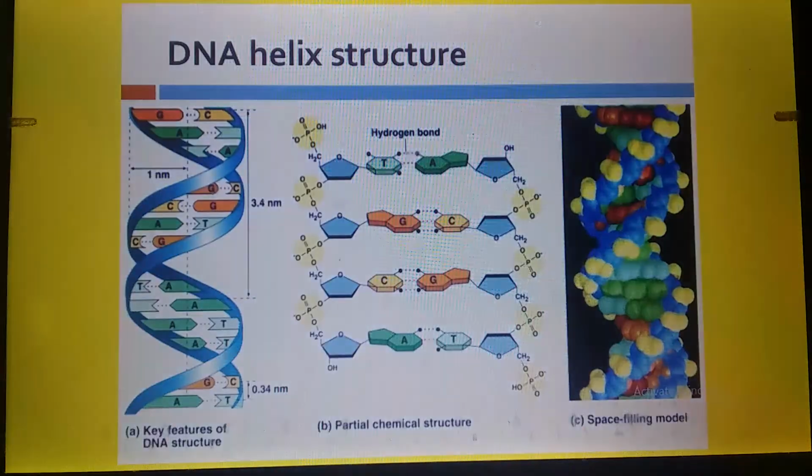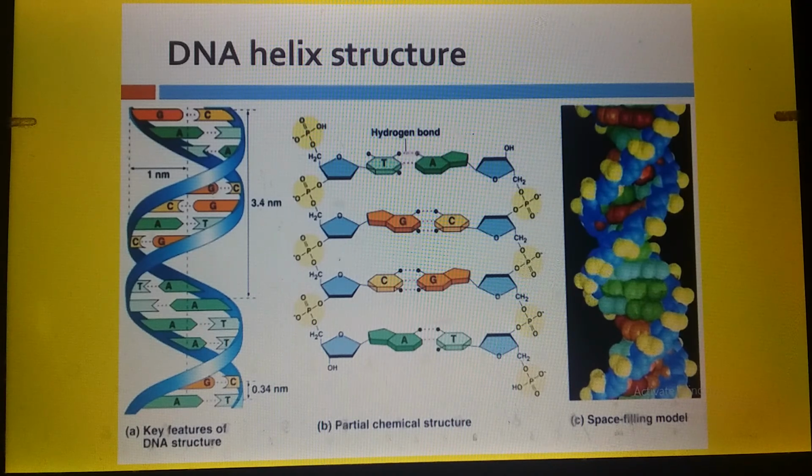Now I will discuss one by one the components of the nucleosome. First one is the DNA helix. DNA is deoxyribonucleic acid, and as we know, the chromosomes are made up of DNA and protein. I will deliver a detailed lecture on the structure and chemical composition of DNA later on.